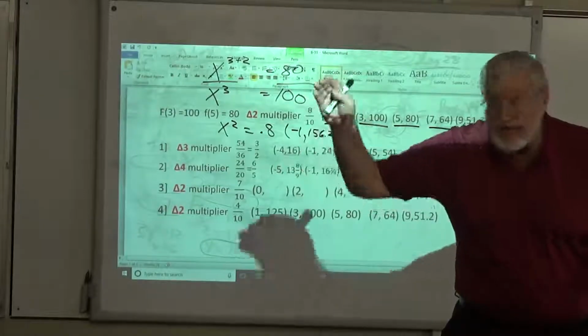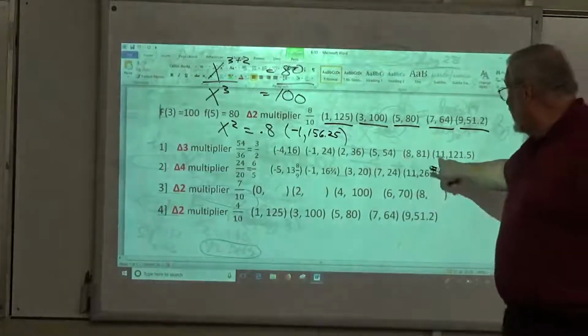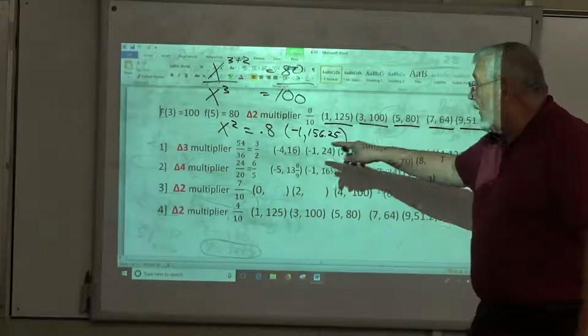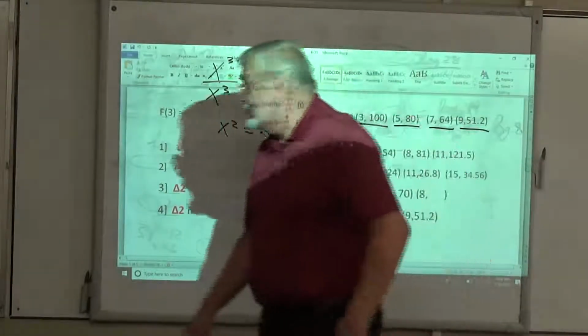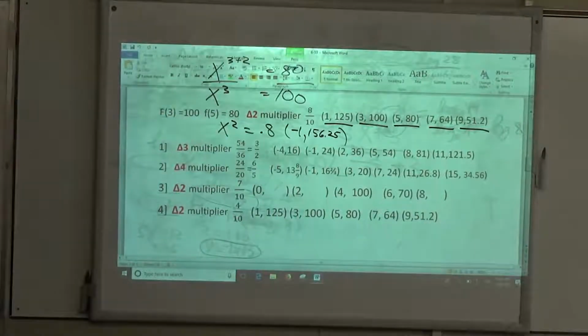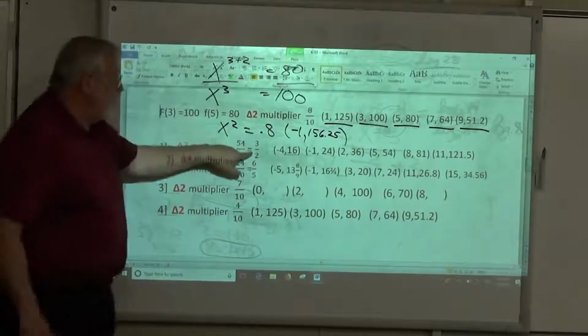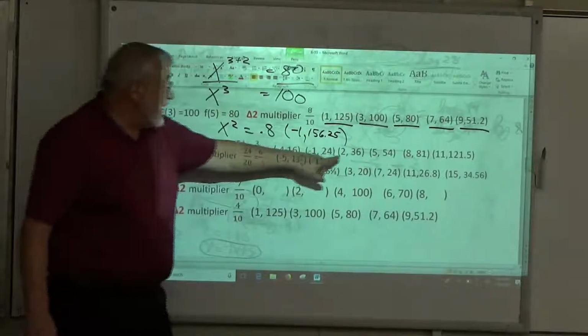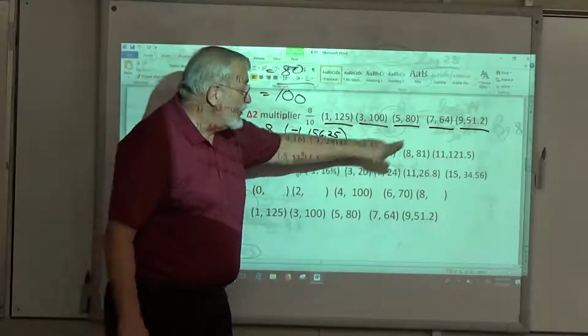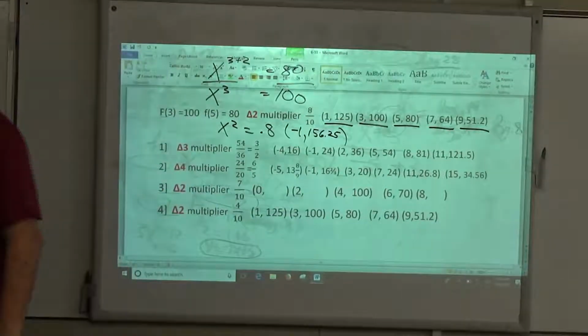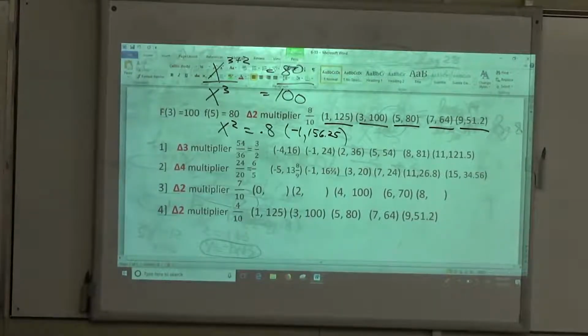And then 8 plus 3, f of 11. Now, what is the value? The value is 54 divided by 36, which in the calculator is 1.5. But I used it as 3 over 2. So you can take this and multiply it by 1.5. You end up with those numbers.